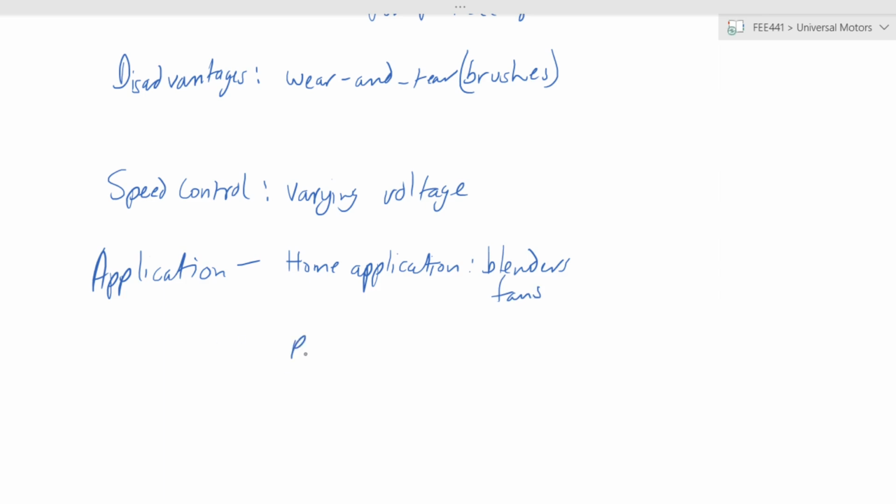And also you have portable equipment, so drills, grinders, and so on and so forth. So that is a brief introduction to universal motors, and we can stop there.